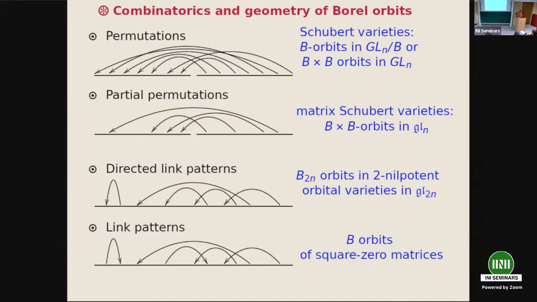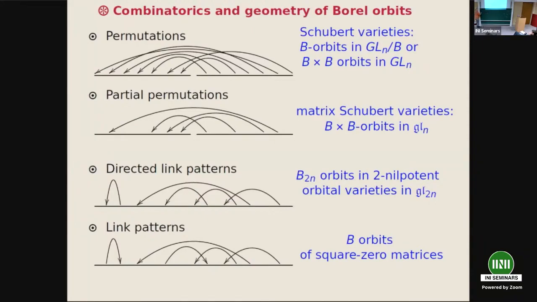Okay, and finally, this is something different, because I take twice big matrices, 2n by 2n, and I act by the Borel by conjugation. This is a kind of trick that people from representation theory notice: if you have a matrix A, you can associate a doubled matrix, 0, 0, 0, A. So this is of dimension n, this is of dimension 2n.